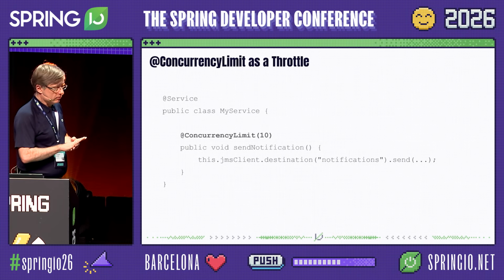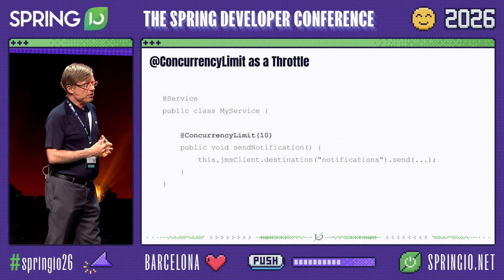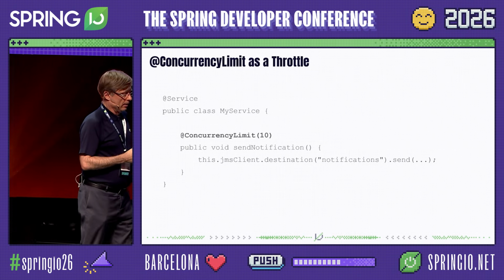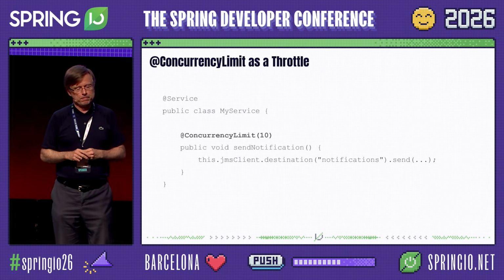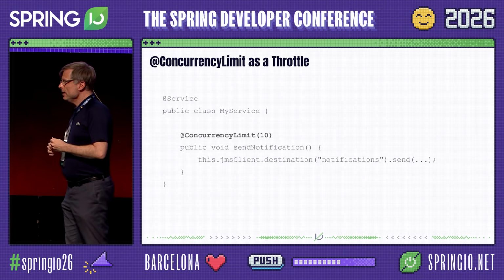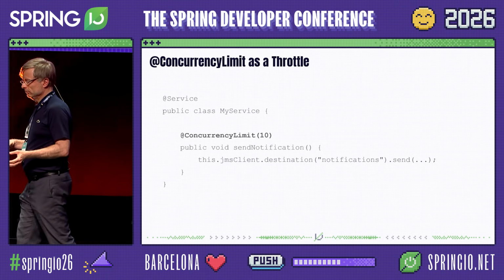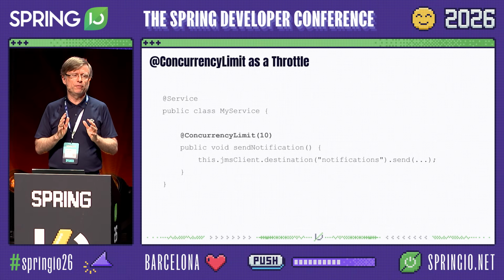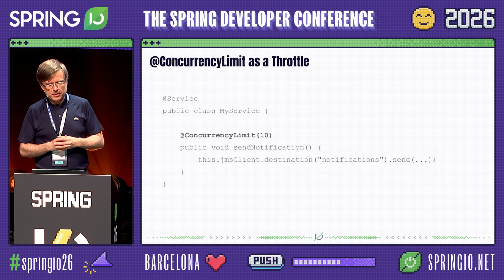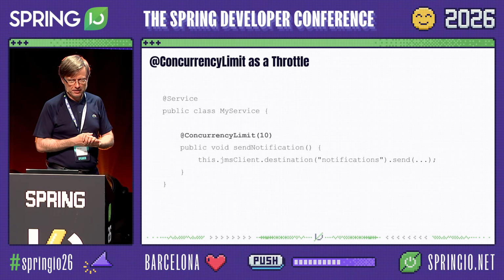All right. So what is this add concurrency limit thing? The second part of the current resilience features. Concurrency limiting is an old facility in Spring. Very literally, I mean, this has been in there since like 2004. So 22 years old.